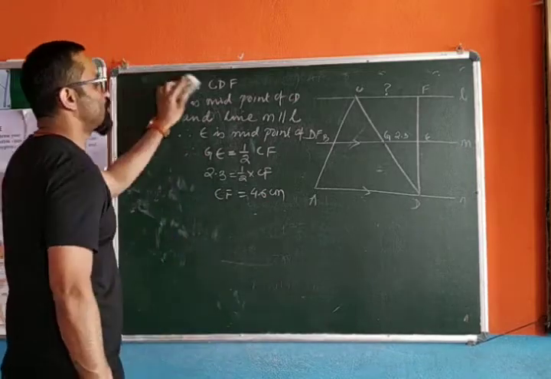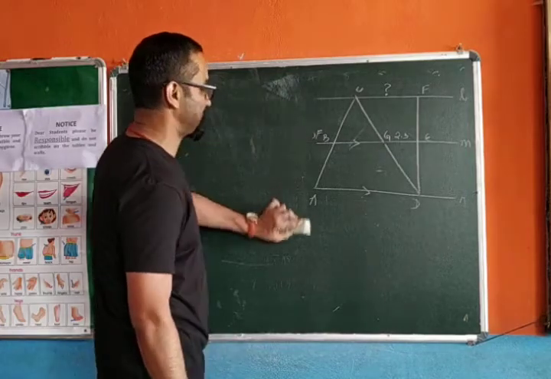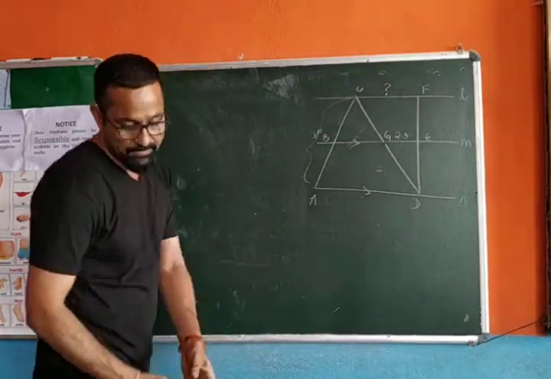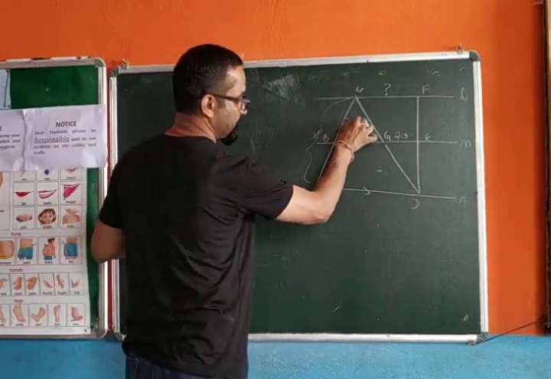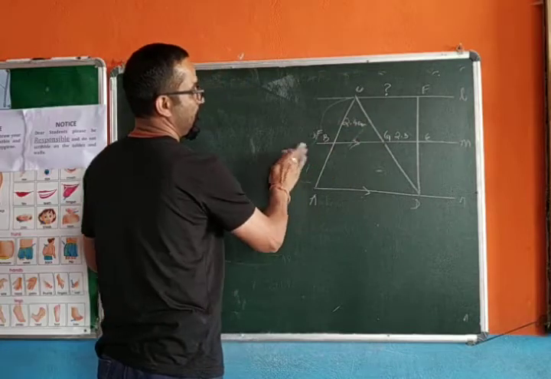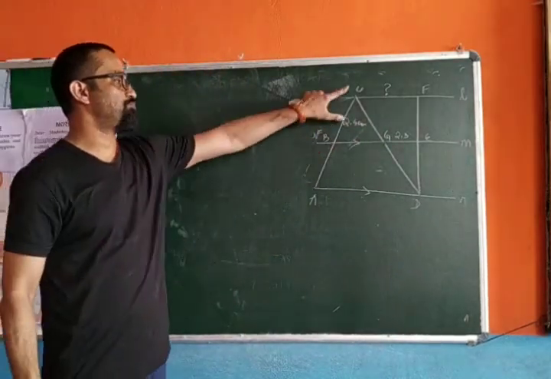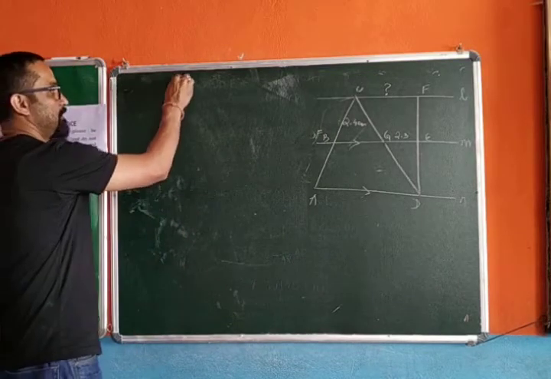Third one, the question says calculate the length of AB. Total length AB you have to find when BC is 2.4. We have already proved B is midpoint of AC.